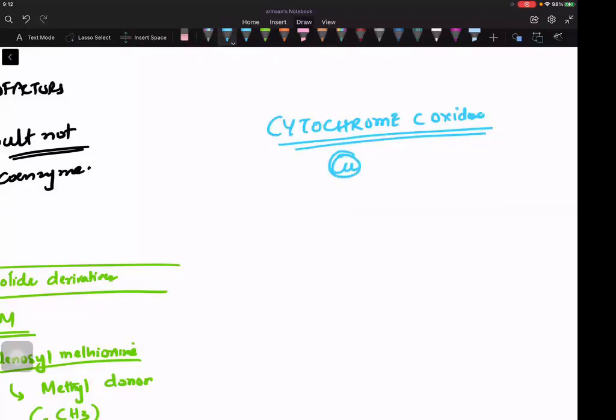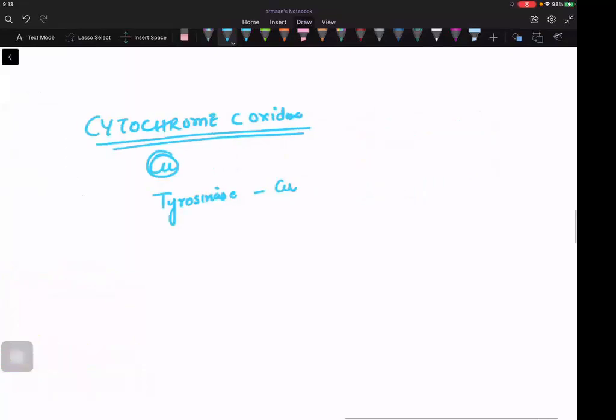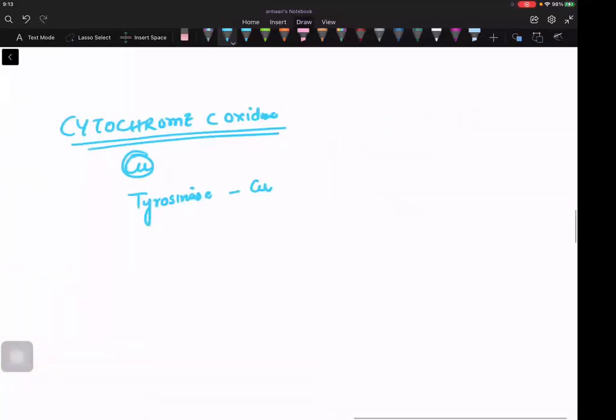I would list some examples for you, which is rightly written in your standard textbooks. For example, we have tyrosinase for making melanin. Tyrosinase also uses copper. So can I say oxidases? Remember a general concept: oxidases will use copper.